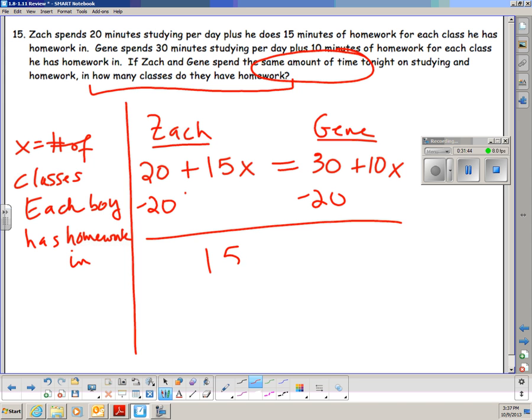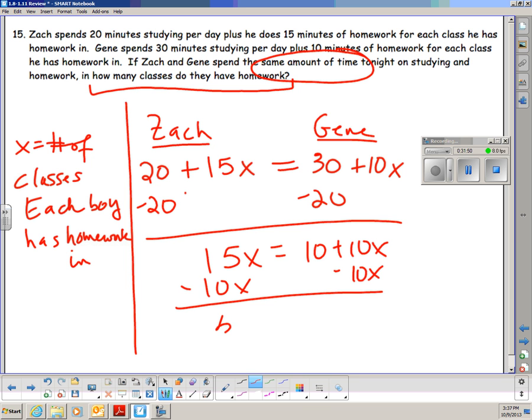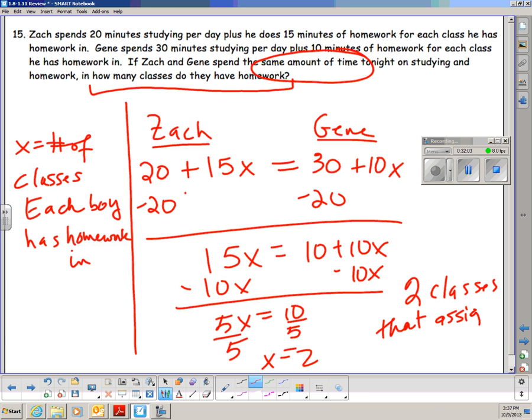We'll subtract 20 from each side. I get 15x equals 10 plus 10x. Subtract 10x from both sides. I get 5x equals 10. Divide by 5, x equals 2. So they have 2 classes that assign homework if they have the same amount of time to study that night.